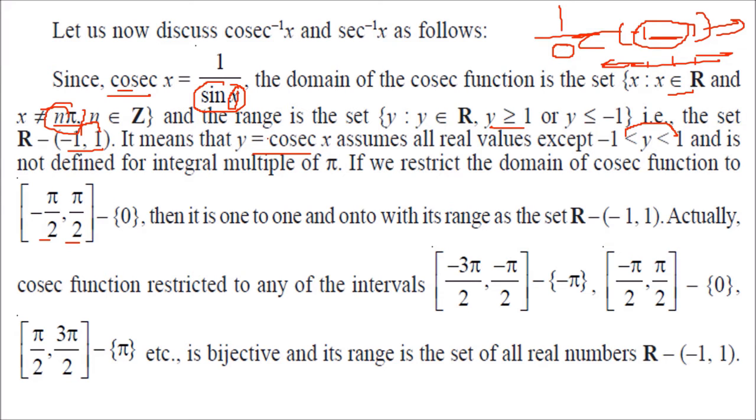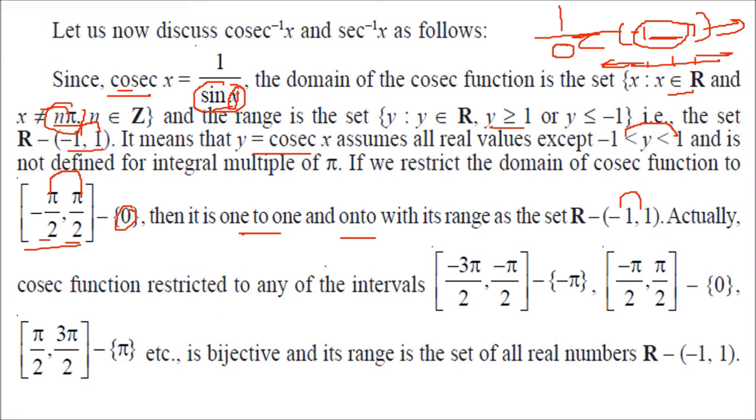Because the cosec function is nothing but 1 by sin x, so the whole function will not be 1-1 and onto. We have to take a certain part which is 1-1 and onto. So we have taken this except 0. We will not take 0, because sin 0 is 0 and this will be a problem. So 1-1 and onto except 0, minus pi by 2 to pi by 2 we can take. And the range of cosec is all real numbers except minus 1 to 1, the values in between, nothing.